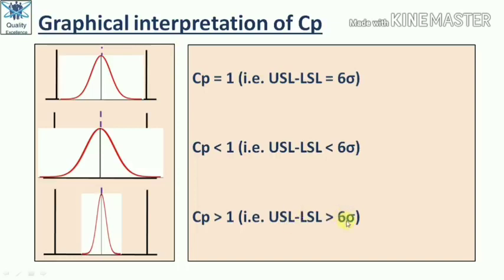It means that the CP value will be greater than 1. So if the value of CP is higher, your process spread will be less and you will be able to deliver a good product to the customer with good confidence because it will not cross your specification limits.